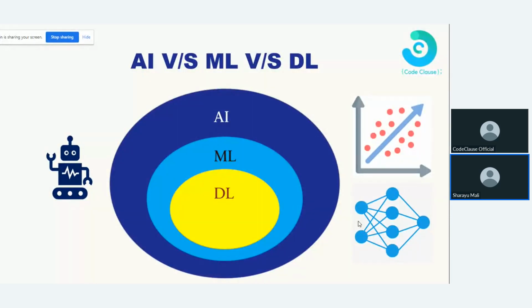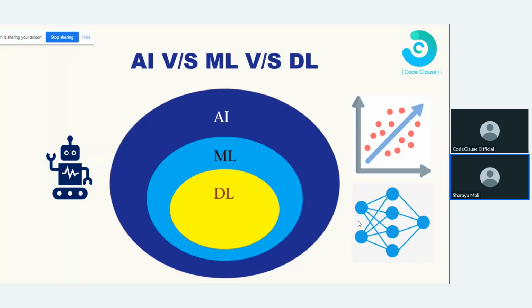This drawback is overcome in deep learning algorithms, which, as I said earlier, use artificial neural networks, where the neural network is a connection of neurons, and these layers filter out the data and extract the features automatically.